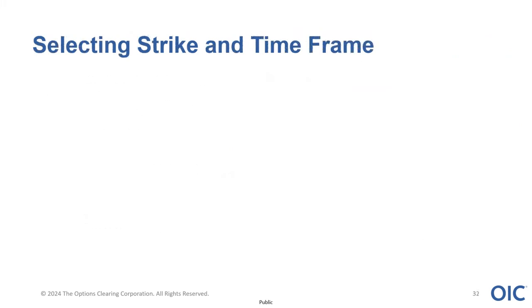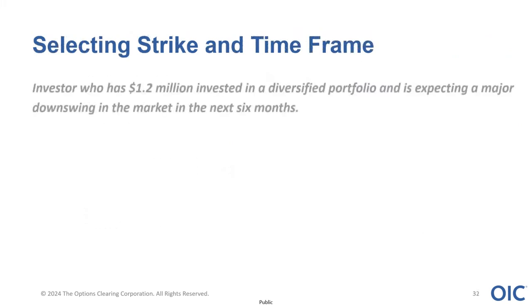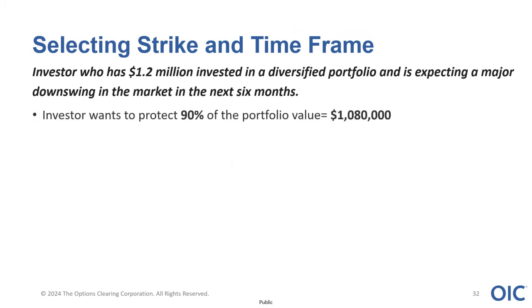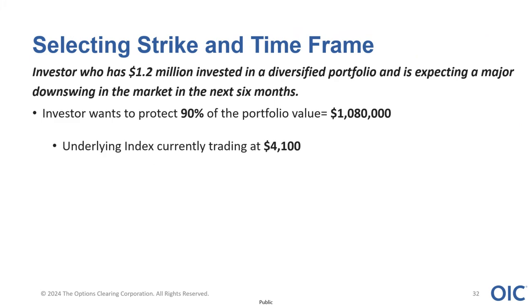So how does that look from a strike and a time frame perspective? Let's now pretend you have 1.2 million invested in lots of things. And you have a mindset that things are going to get nasty over the next 6 months. If you want to protect 90% of your portfolio value, you're looking at $1.08 million.